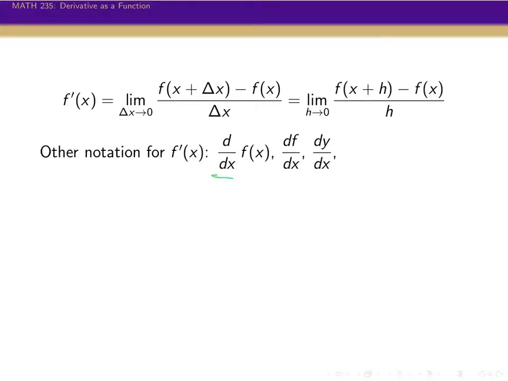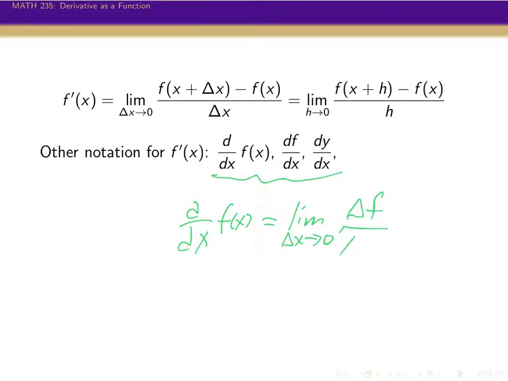For all three of these, df dx or any one of these is really coming from taking the limit as delta x goes to 0 of delta f over delta x. The d here is a change from delta, which starts with d, into just d.